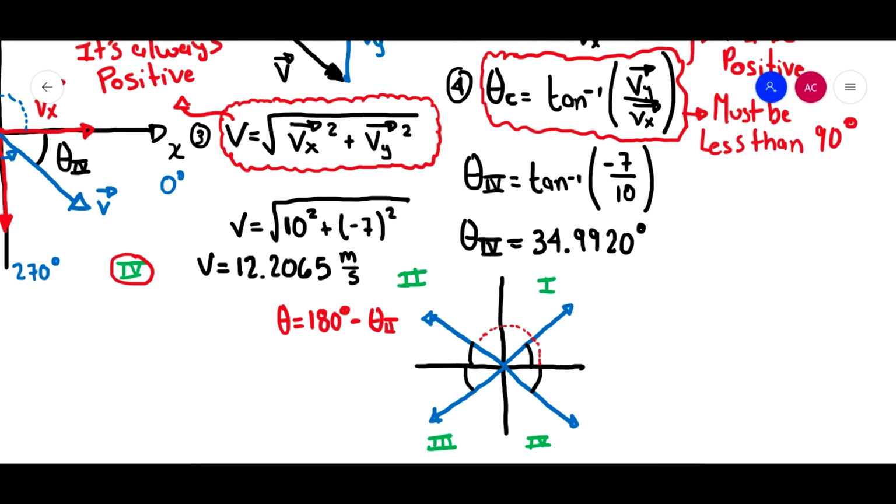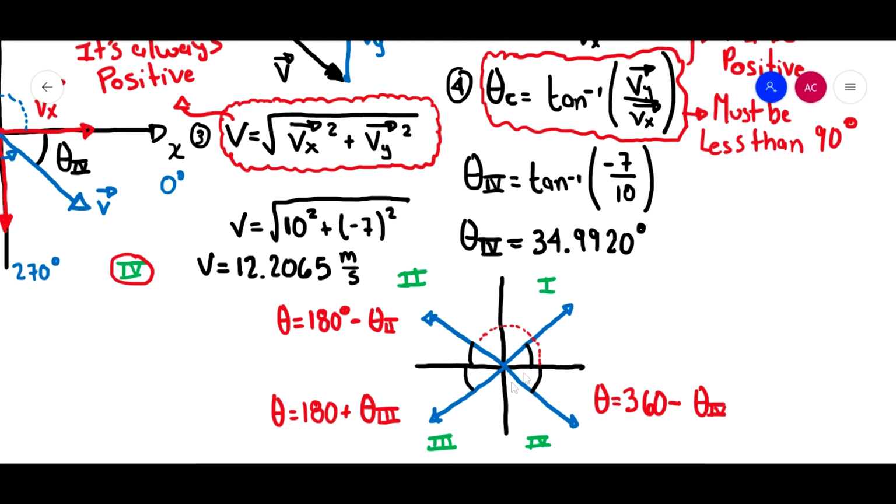In the third quadrant, the formula will be 180 plus the angle of the third quadrant. Which angle? This little angle over here. In the fourth quadrant, the angle equals 360 minus the angle of the fourth quadrant.